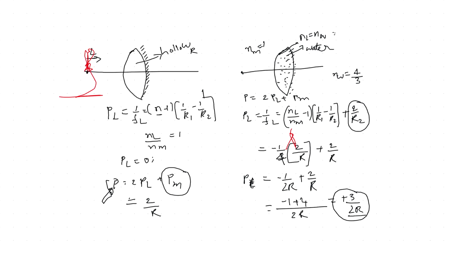Therefore, the total focal length of this combination, we should not call it a combination, because it is not a combination, it is a silvered lens. In another class we'll discuss that. So the focal length is equal to 1 by power, therefore 2R by 3.